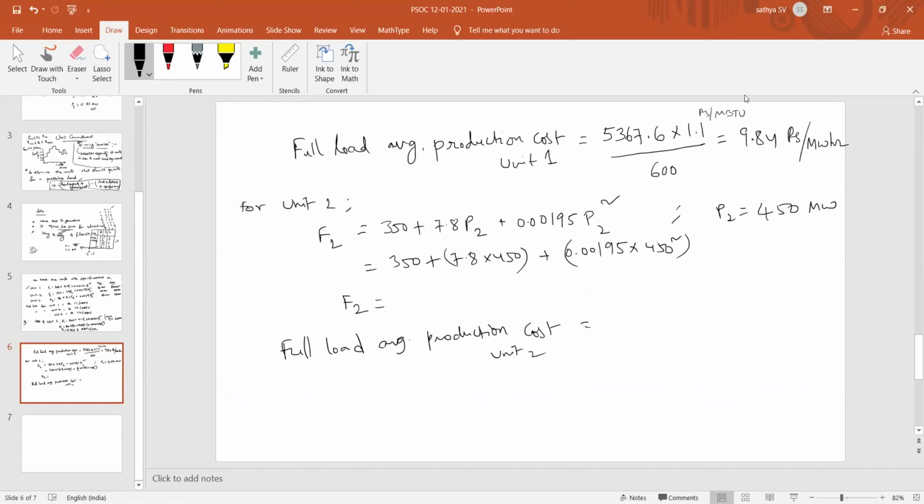And here the cost of unit 1 is MBTU per hour, so MBTU gets cancelled. In the numerator it should be rupees, in the denominator it should be hour, and in the denominator of the expression, 600 megawatts. Okay, rupees per megawatt hour. Right, like that calculate for unit 2 and unit 3.